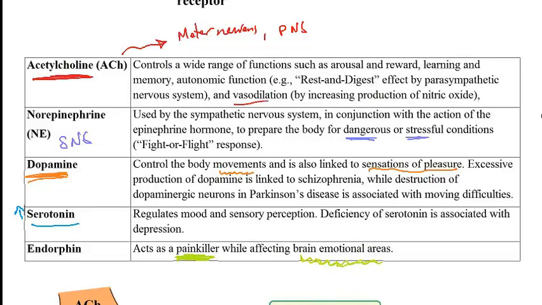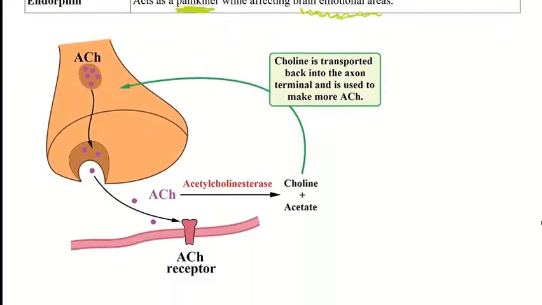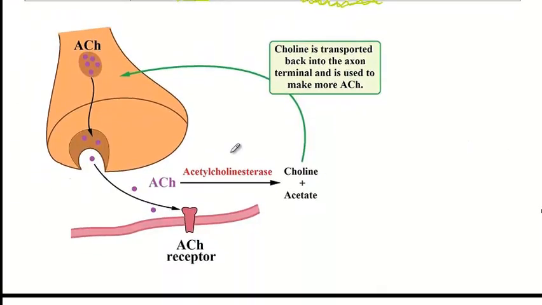The next concept I would like to discuss is what happens after a neurotransmitter is released into the synaptic cleft. Let's talk about acetylcholine, for instance. Once the neurotransmitter is released here, it has to be removed at some point. Otherwise, the next cell will keep on getting stimulated and stimulated. So in order to remove the neurotransmitters from the synaptic cleft, there are enzymes that break down those neurotransmitters.